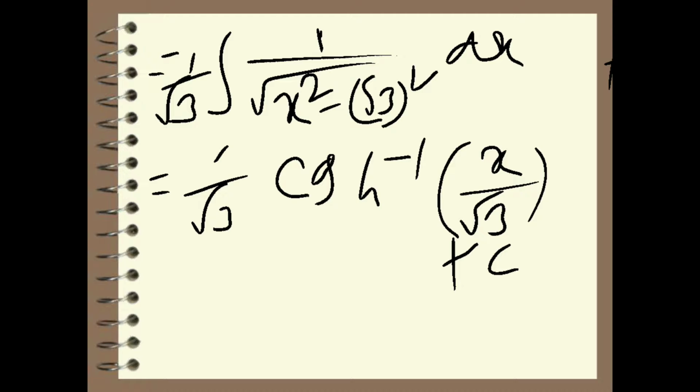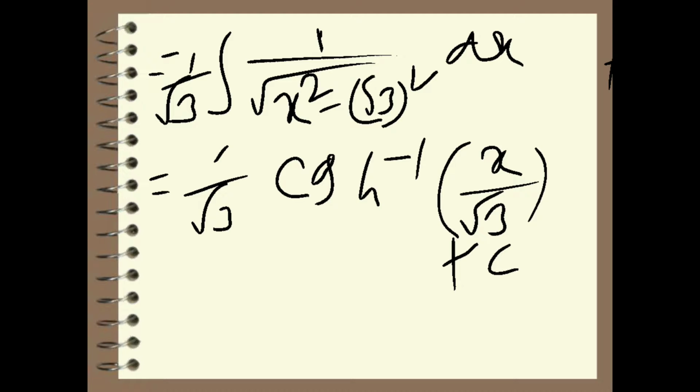We discuss one more formula and example of that formula. Okay, so next formula, fourth formula, is the denominator not having the root: 1 by a square plus x square into dx.